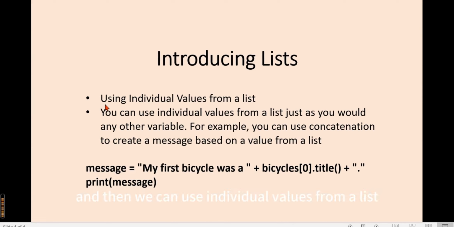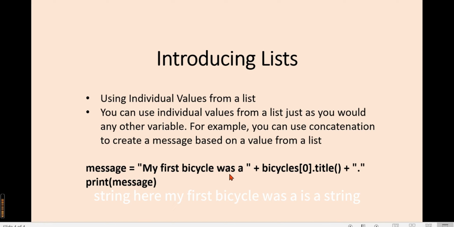And then we can use individual values from a list after we have used the index of the list. So you can use individual values from a list just as you would do for any other variable. For example, you can use concatenation to create a message based on a value from a list. Here we create a new variable called message, which concatenates a string.